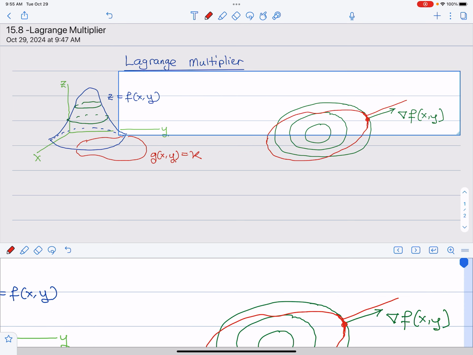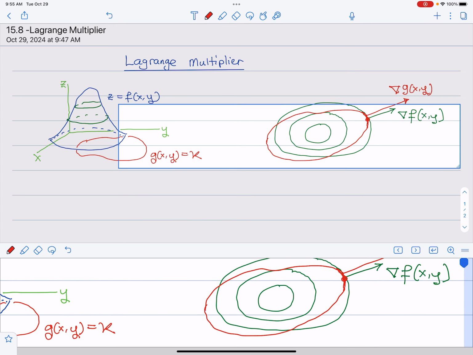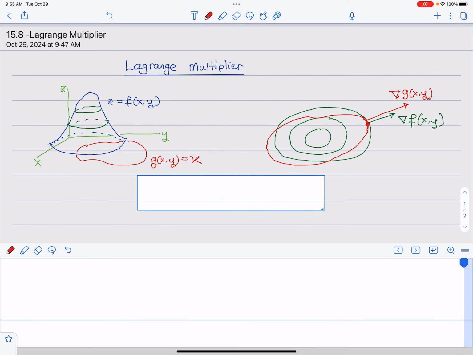So we have the gradient of g of x, y. Okay, so what do we see? We see that these two vectors, these two gradient vectors, are parallel to each other. So that's the key in Lagrange multipliers.